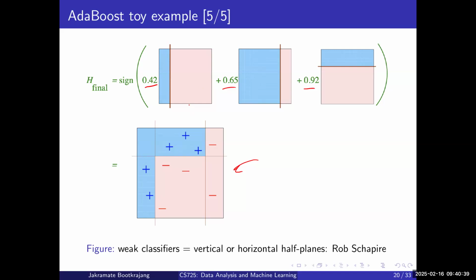Even if each one of them is linear, when you combine them, you will get a non-linear boundary. So that is the idea of AdaBoost.